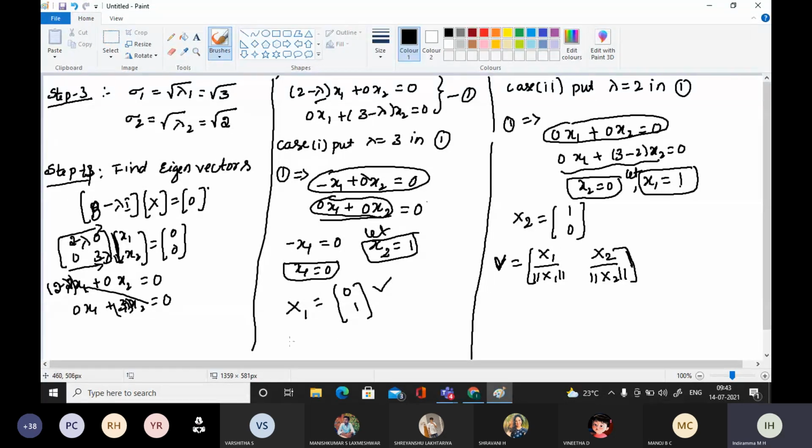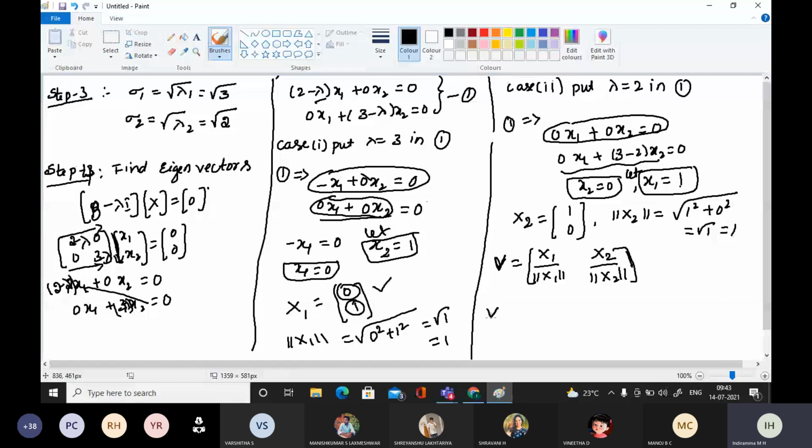Since here itself you can find x1 is (0, 1), the norm of x1 is equal to square root of 0 square plus 1 square, that is square root of 1, which will be 1 itself. Similarly, after finding x2, the norm of x2 is square root of 1 square plus 0 square, that is square root of 1, which will be 1.